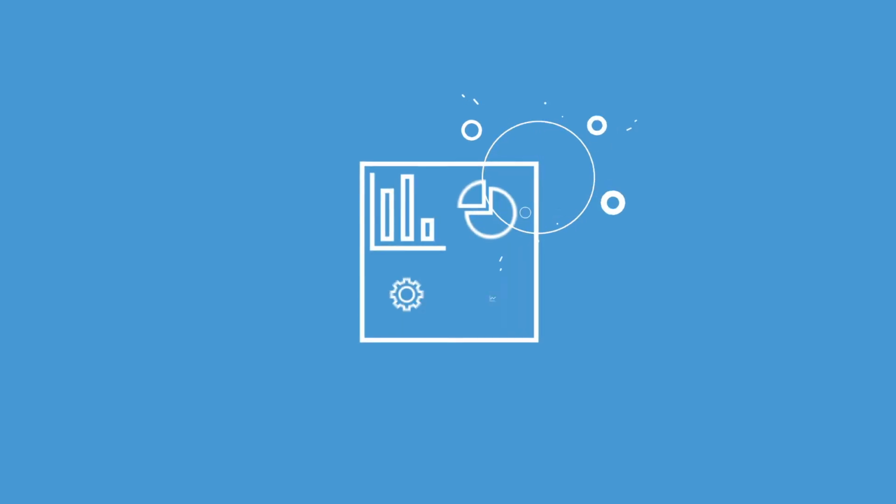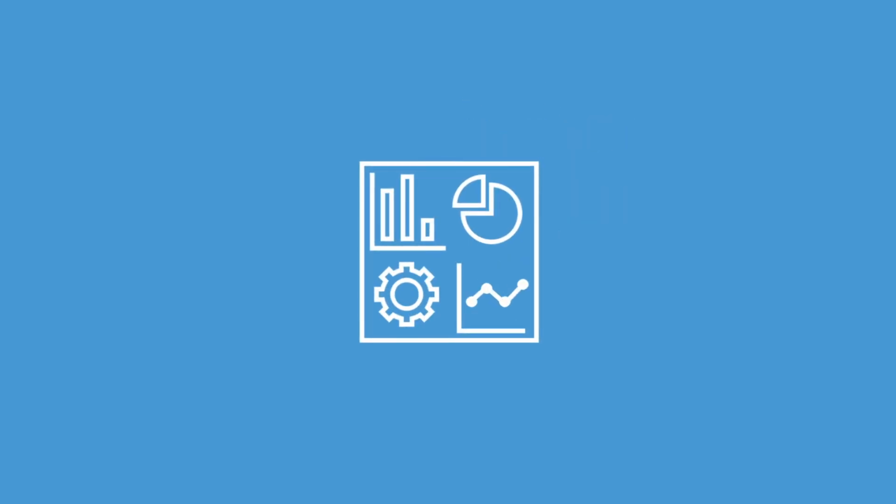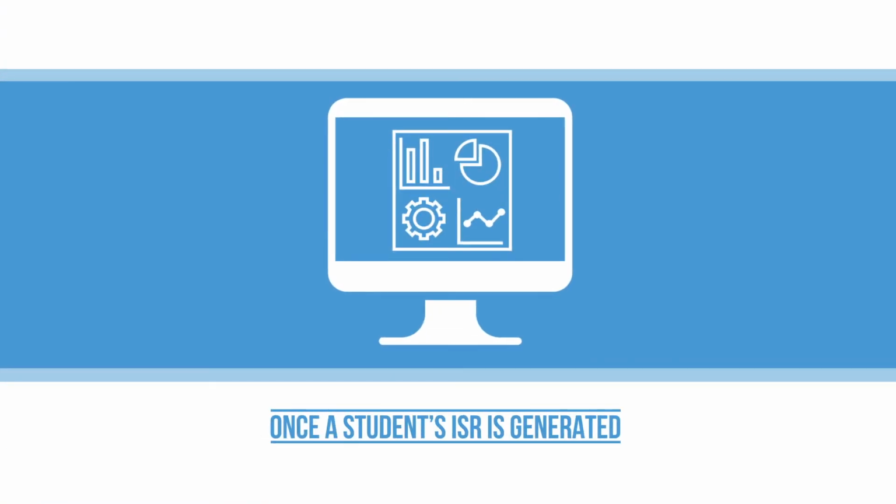Data displays. Finally, let's take a look at the data displays. KRA data displays include a variety of interactive visuals that highlight trends in your KRA results. Once a student's ISR is generated, either manually during the administration window or automatically at the end of the window, the student's scores will be incorporated into the data displays in your K-Ready account.